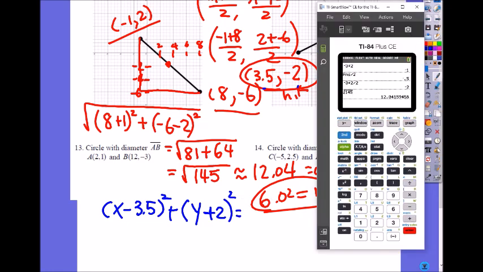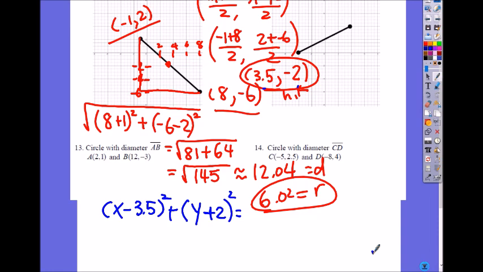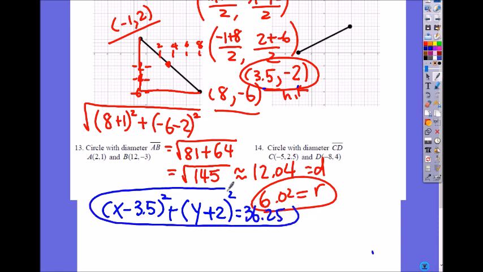So this divided by 2 will give you the radius, and you square it. So you get 36.25. So this is the equation of a circle.